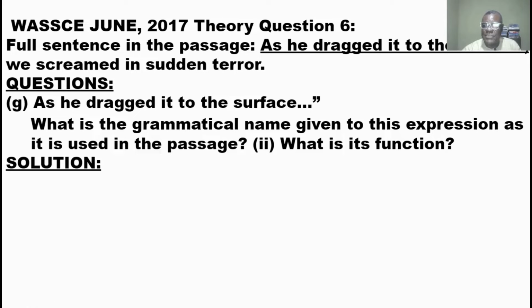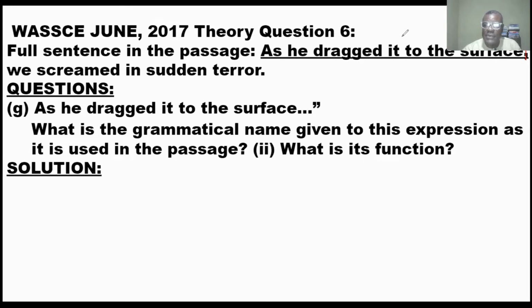As he dragged it to the surface, we indicate a border here. We screamed in sudden terror. Then we use the elimination method. Let's ignore this expression, and then we read the rest of the sentence. We screamed in sudden terror.